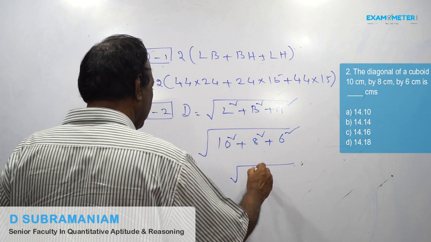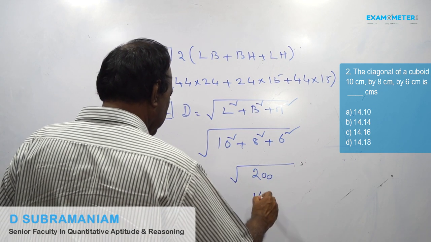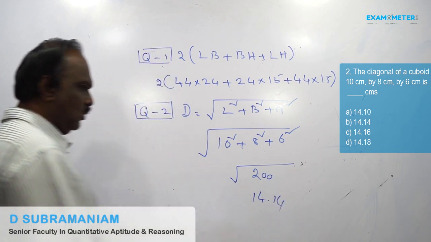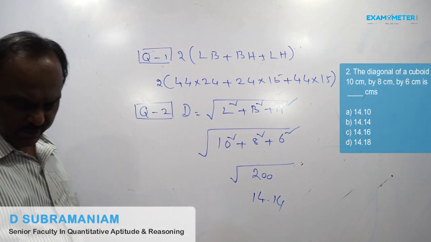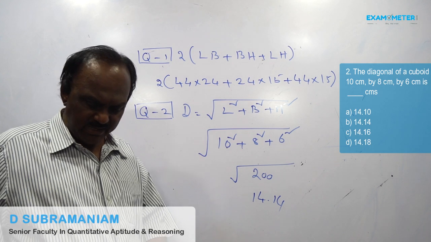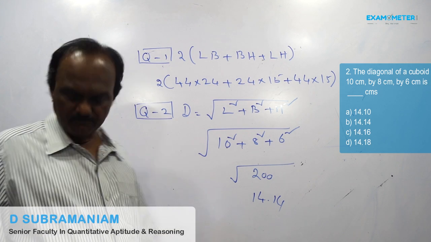This is root of 200, that is 14.14. So answer is B, 14.14.